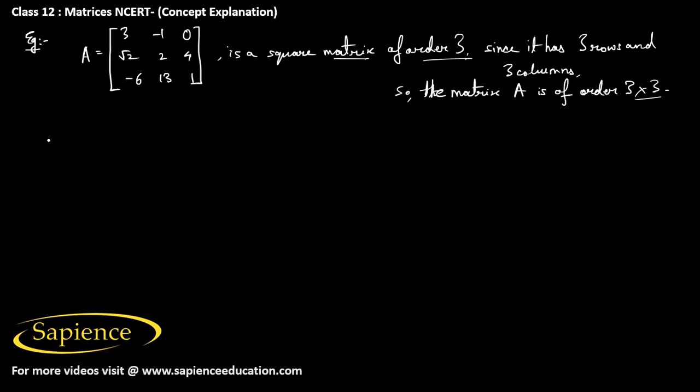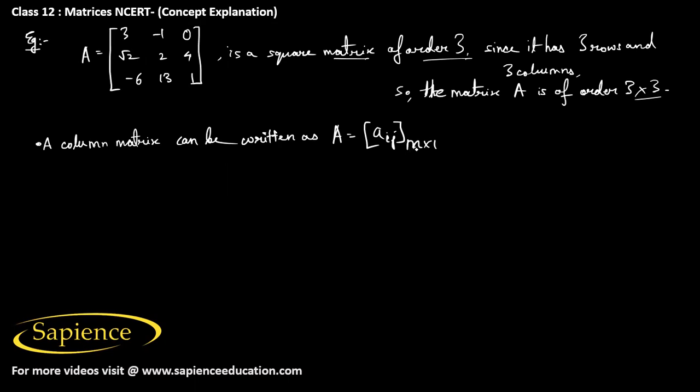So now we can summarize these three. A column matrix can be written as A equal to Aij, m cross 1.